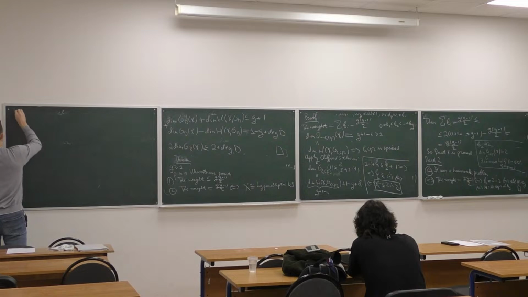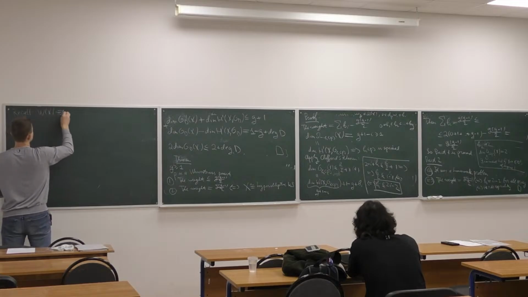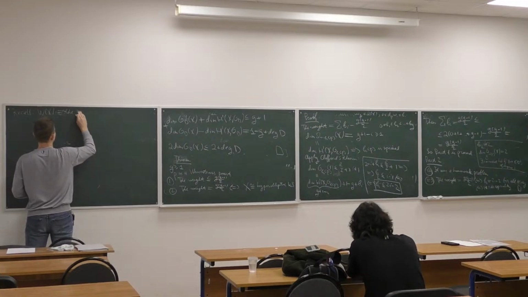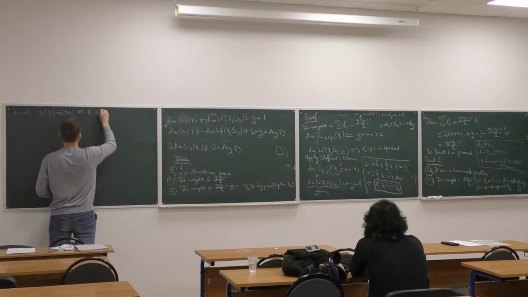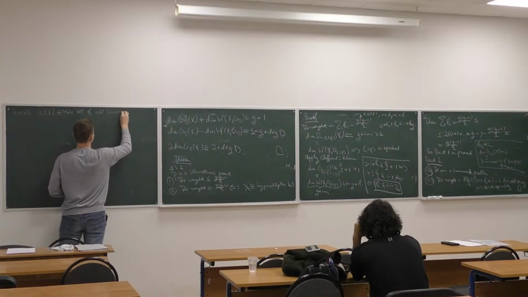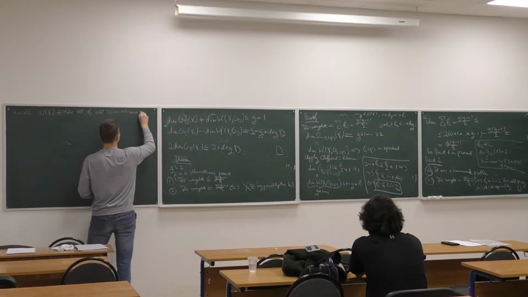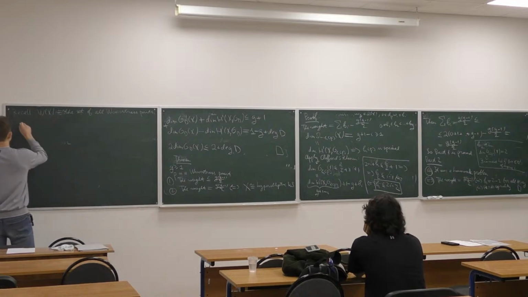Okay, recall that by W_X I denote the set of all Weierstrass points. The set of all Weierstrass points. And then corollary.